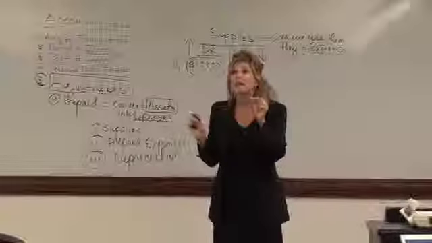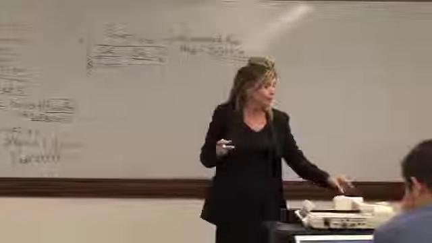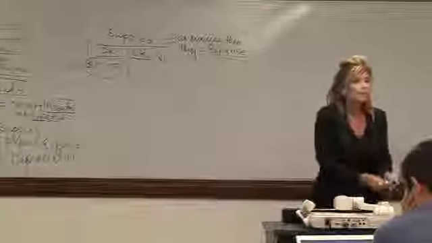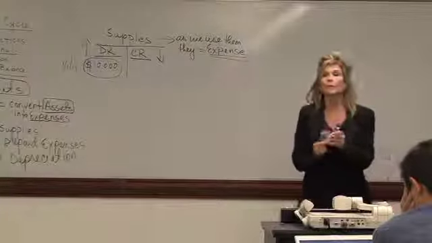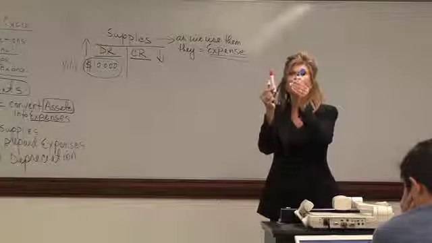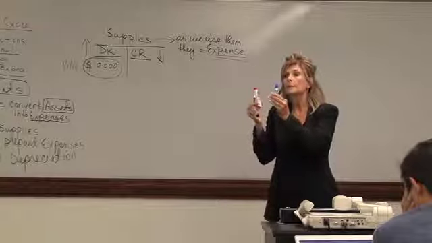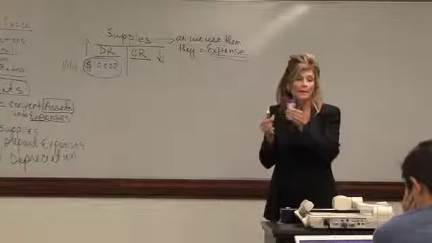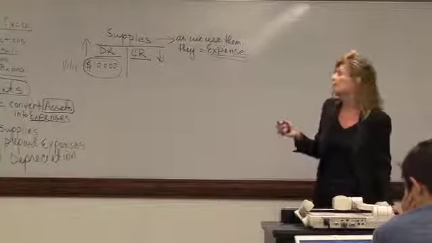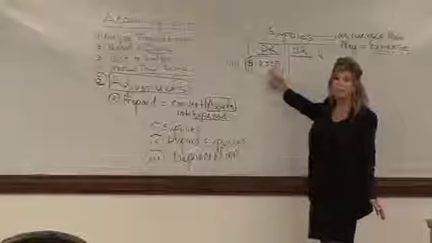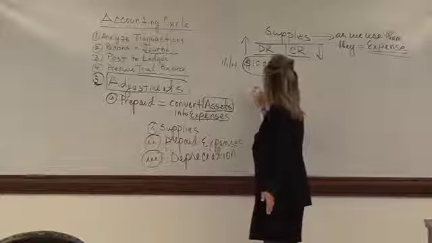Let's pretend that we started out with 10,000 and now there's only 2,000 in supplies remaining. Started with 10, we have 2 left. So the difference between the $10,000 that we started with and the $2,000 that remains will become our adjustment.